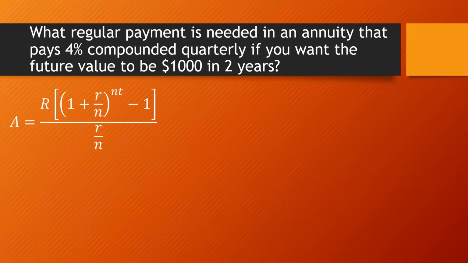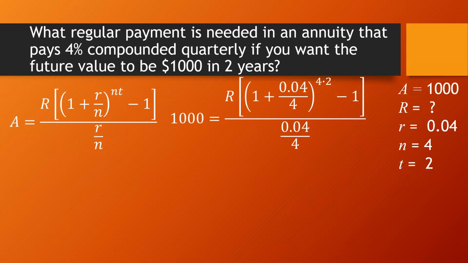We're still using the same annuity formula, but in this case the unknown is the capital R. We don't know what the regular payments are. So when we substitute the values in the formula, we still need to remember to use order of operations and to hang on to all those decimal points.